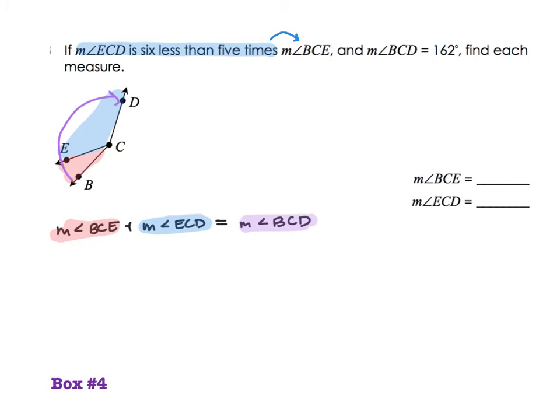But they never tell us anything about BCE. They don't say anything about BCE, right? So I'm just going to call BCE x, my unknown. Now, this statement, 6 less than 5 times, we're talking about 5 times x minus 6. That's what it means.